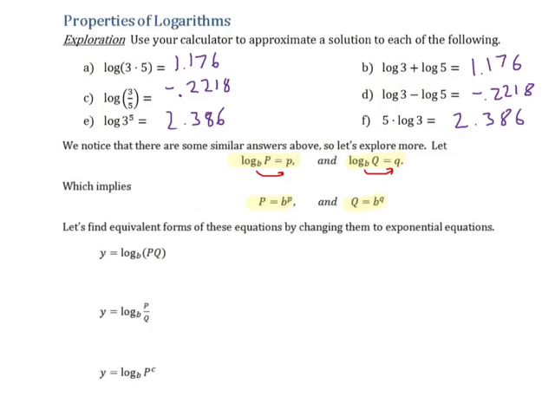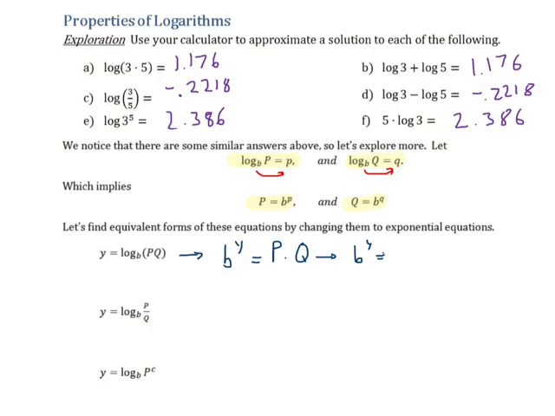Now let's use that to figure some things out. Let's say we have y is equal to log base b, where b is just any positive number, of P times Q. We can rewrite this as b to the y equals capital P times capital Q. Now from up above, capital P is b to the p and capital Q is b to the q.